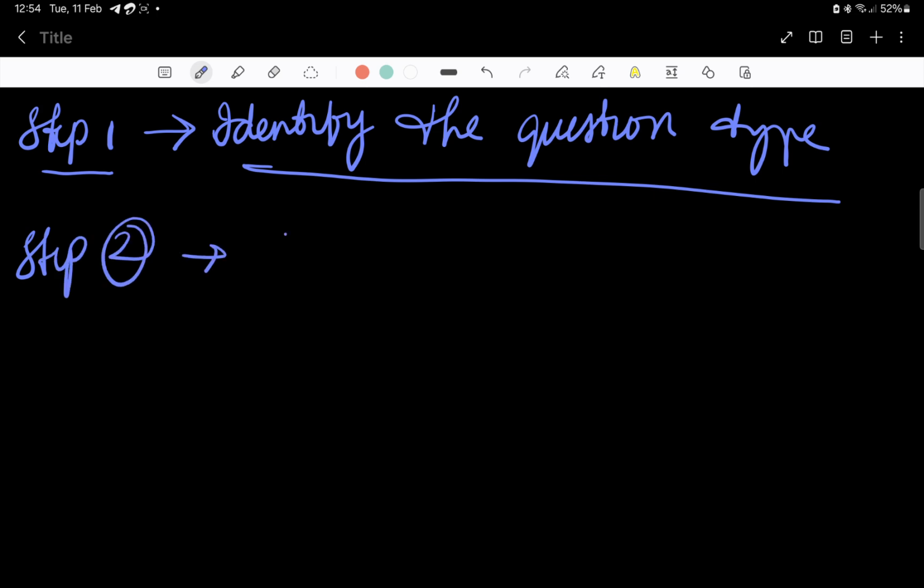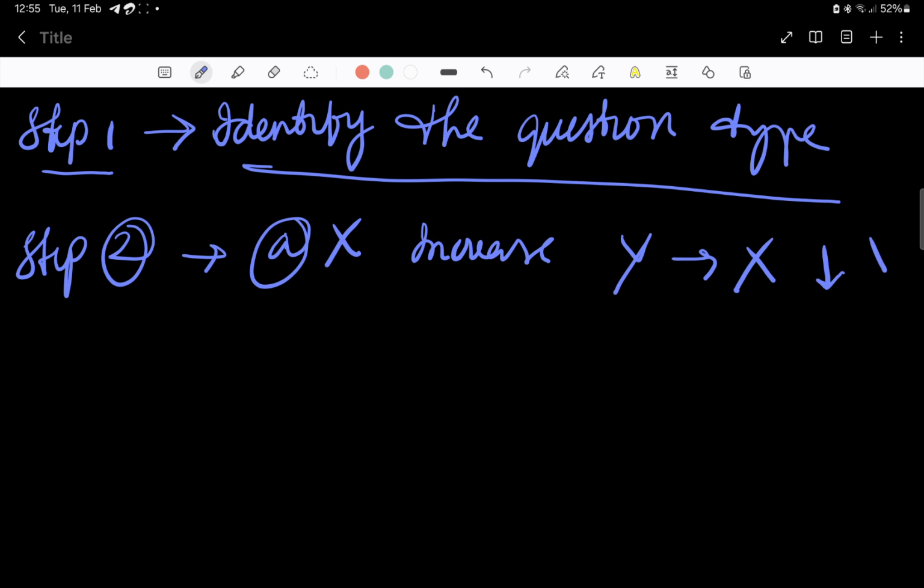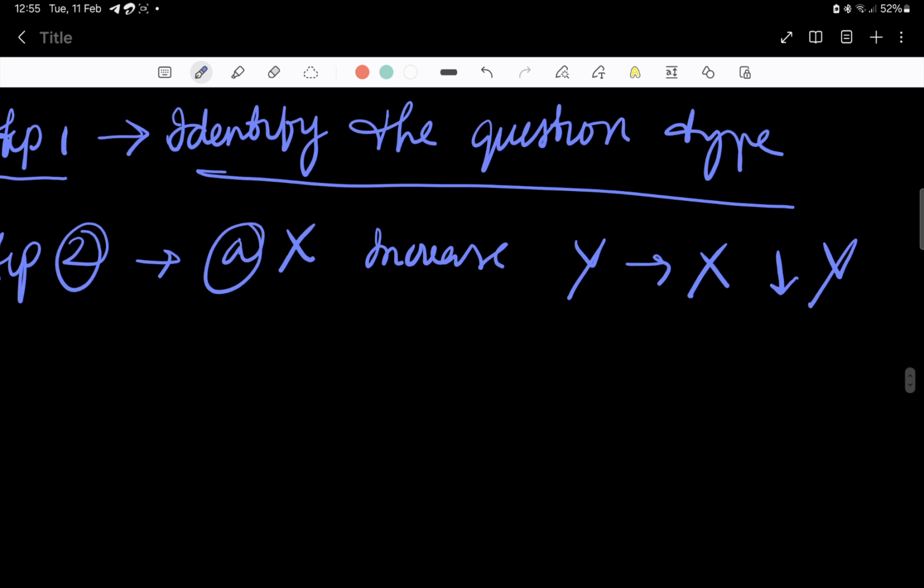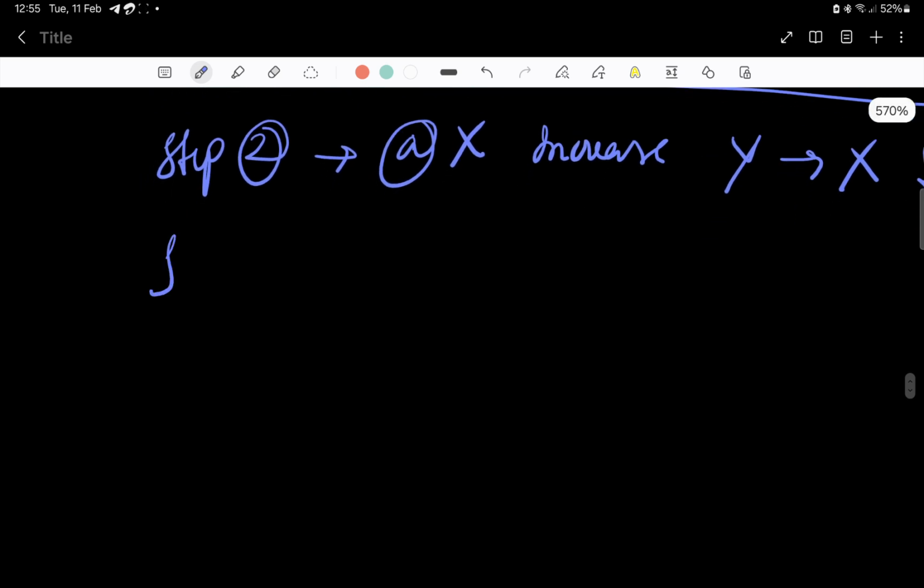If an option says X increases Y, you need to make it X decreases Y. If it's a causal answer, flip the cause and effect. Convert it to negative or opposite states. If it's a comparison, swap the elements. That's it.